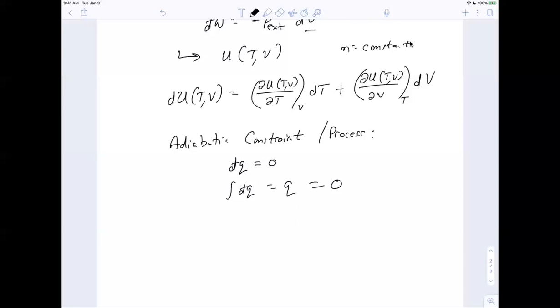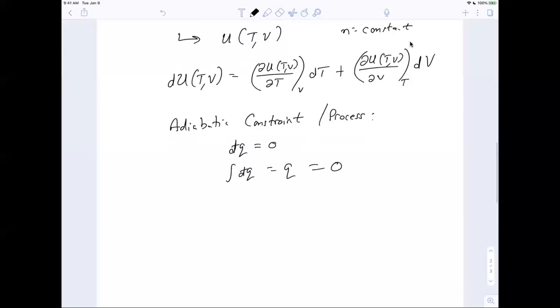I want to emphasize, though, that in an adiabatic process, delta T may not be 0. Just because there's no heat interaction doesn't mean that the temperature cannot change. You can have an adiabatic process that occurs in a system, and you may not have any heat interaction with the surroundings.